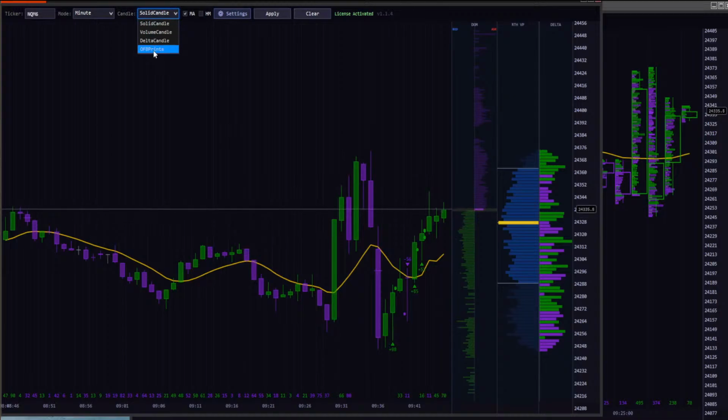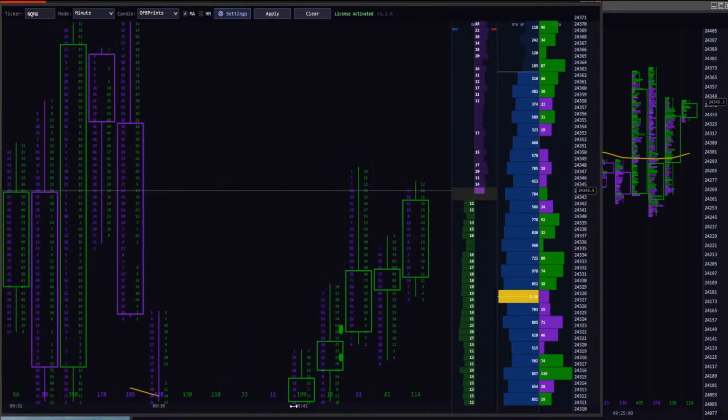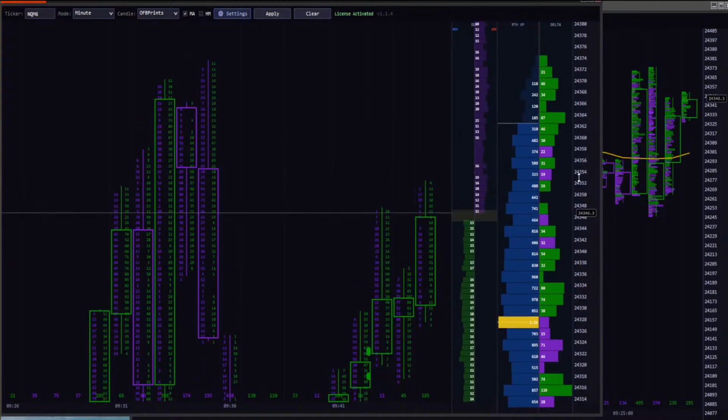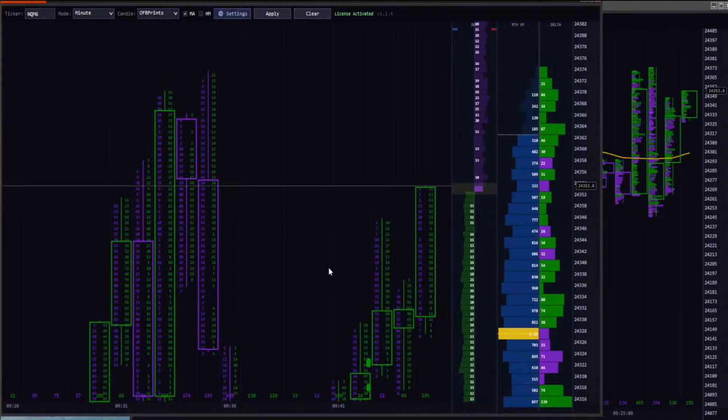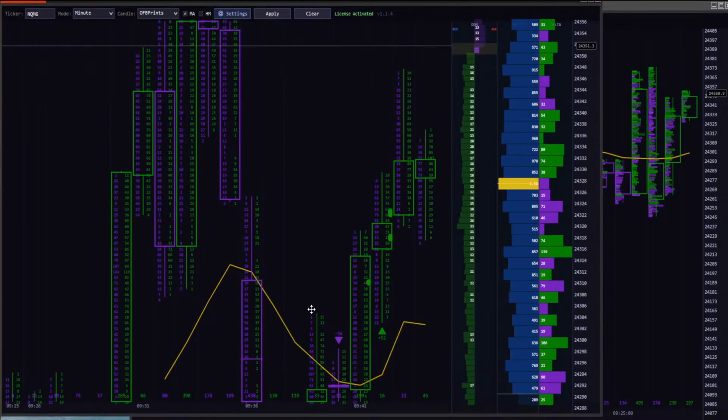Because if we look at a footprint chart, this is the footprint chart. We got a delta of 200 positive delta on this 1 minute. That's looking really good.